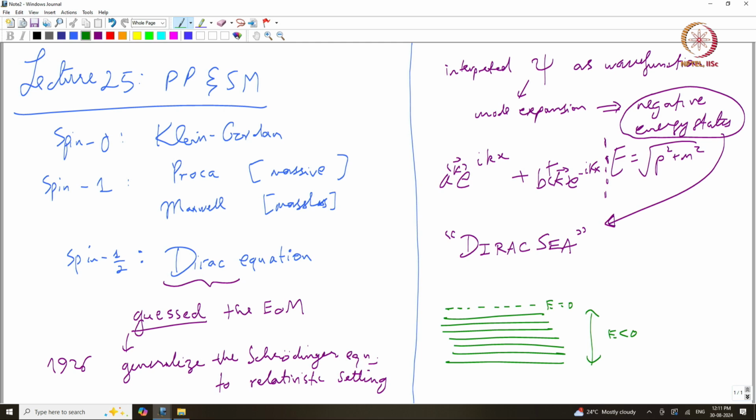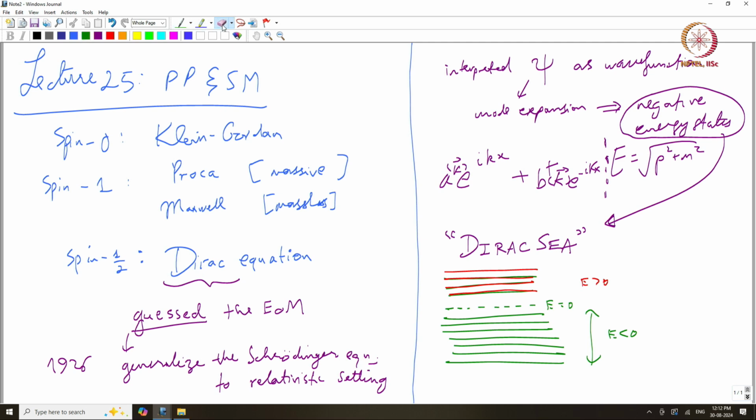at every point in space. And then whatever electrons we do see now, so let me probably draw that in red, they are the ones that happen to be positive energy. And then he interpreted the existence of antiparticles as follows.